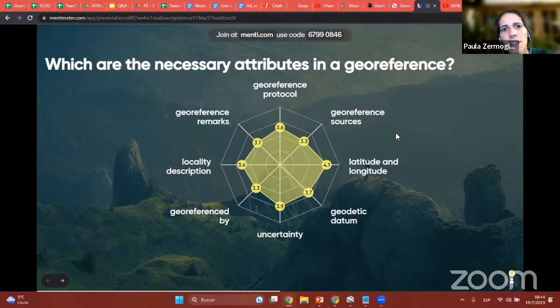And the values we're seeing are the average of all the responses that we're having.